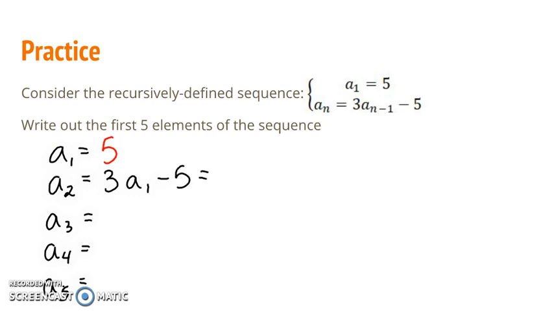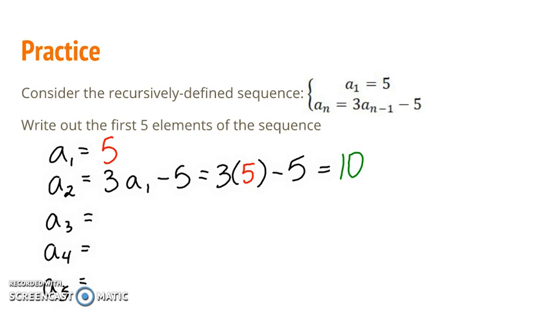So when I plug this in, I've got 3 times my a sub 1, which is 5, minus 5. 3 times 5 gives me 15, minus 5 gives me 10. So my a sub 2 is 10.